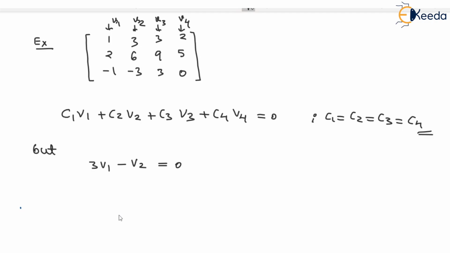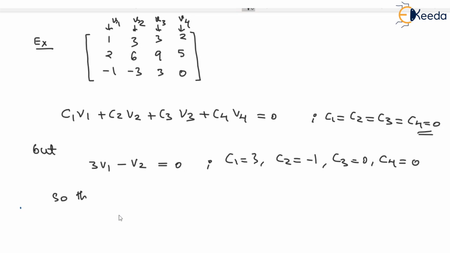So this means we have c1 equal to 3, c2 equal to minus 1, c3 is equal to 0 and c4 is also equal to 0. So there is one more combination of c1, c2 and c3, c4 which provides the linear combination to be 0, apart from the condition that these all are equal to 0. So in this case we can say that the columns of this matrix are actually linearly dependent.